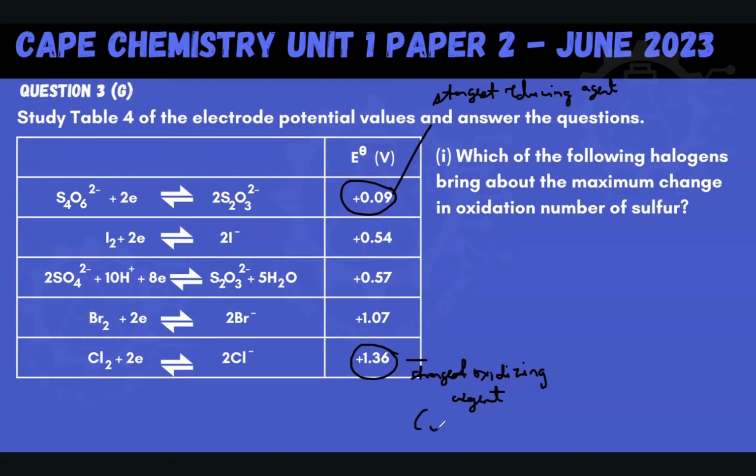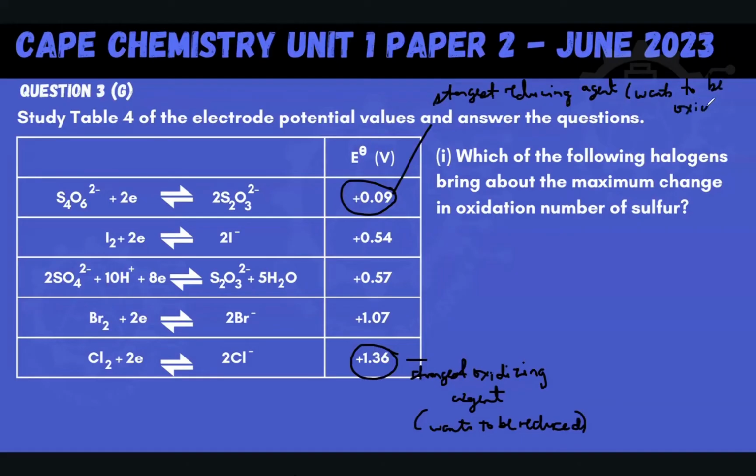The oxidizing agent wants to be reduced. So it's going to oxidize something else to cause that thing to lose its electrons so that it can grab them. It wants to be reduced, and the reducing agent now, it wants to be oxidized. Okay, so just keep that in mind.